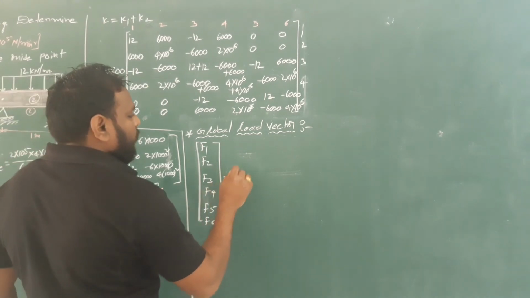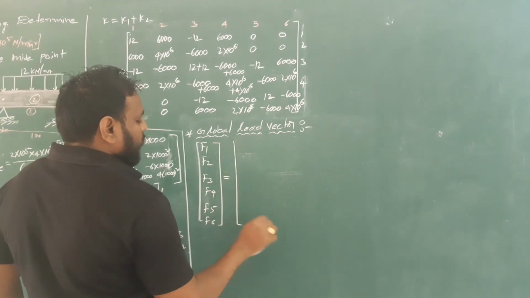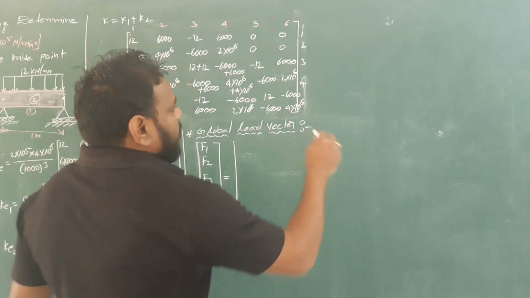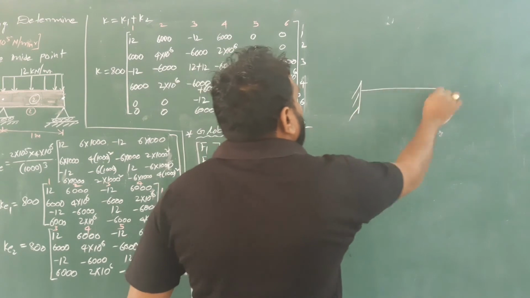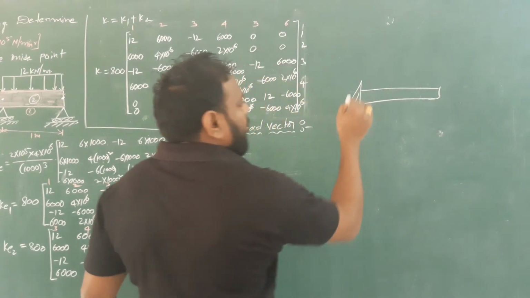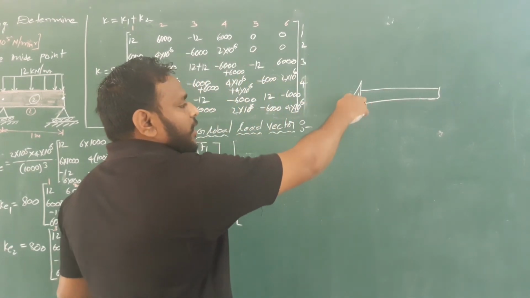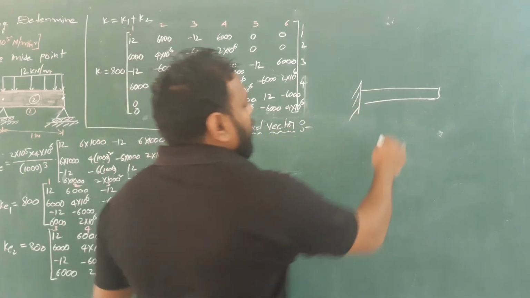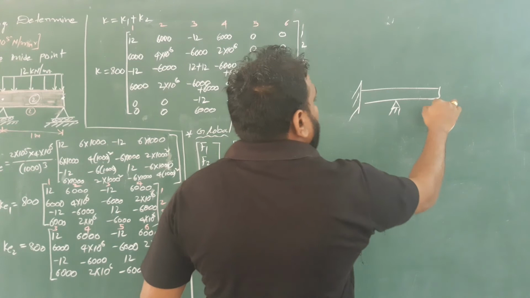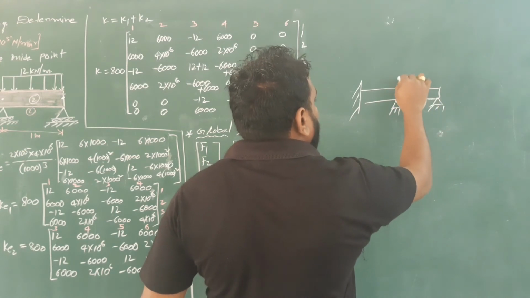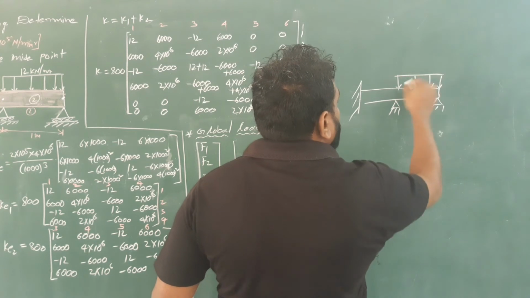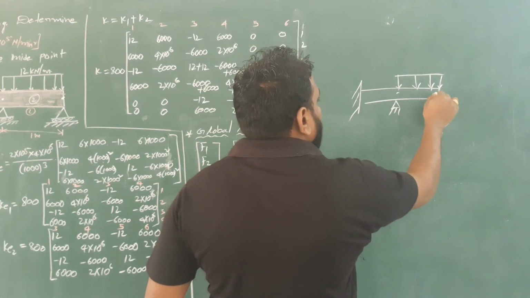You know that this element is fixed at one end, so there is no force applied at this end. Only the second node and third node have force applied, so some UDL load is applied on the second and third nodes.